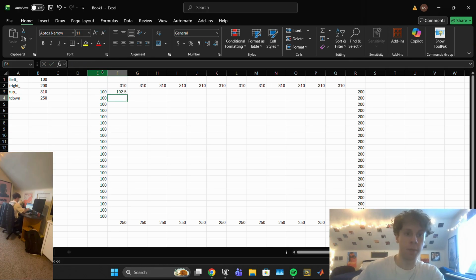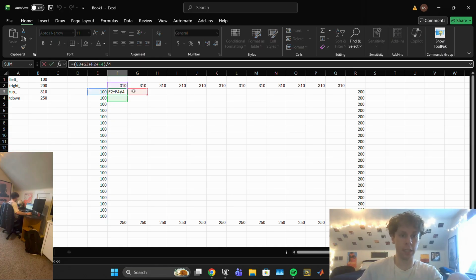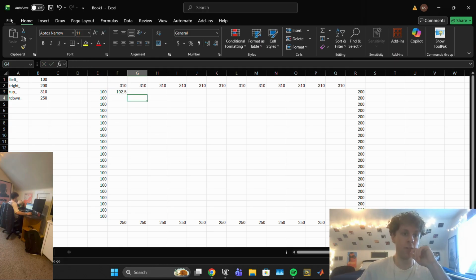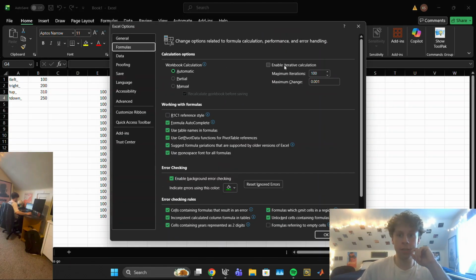Okay, but before we can apply this to the entire equation, the program would be requiring values that don't yet exist, because, for example, the right and the below here don't yet exist. If we go to File, Options, Formulas, and Enable Iterative Calculations, enable that, and then we'll set the iterations to 10,000.